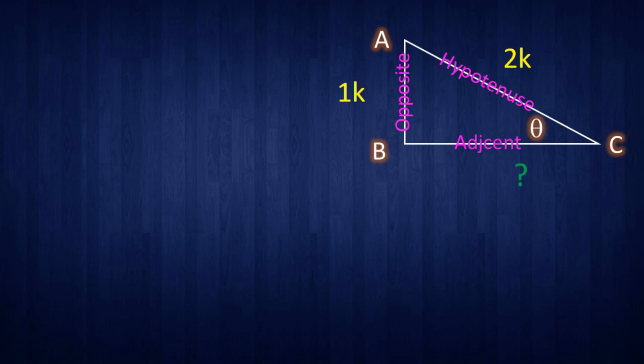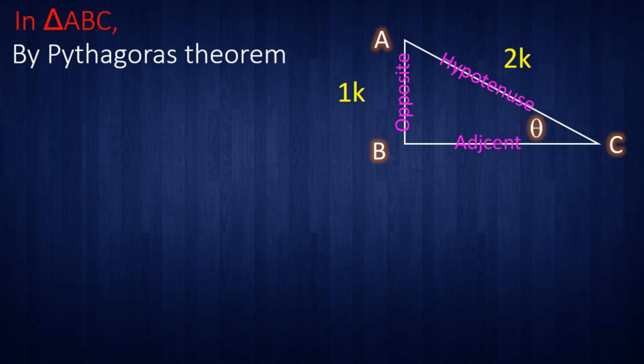To find BC value in triangle ABC by Pythagoras theorem. Yes student, hypotenuse is AC and the remaining sides are AB and BC. So AB square plus BC square. AC we have 2K whole square.